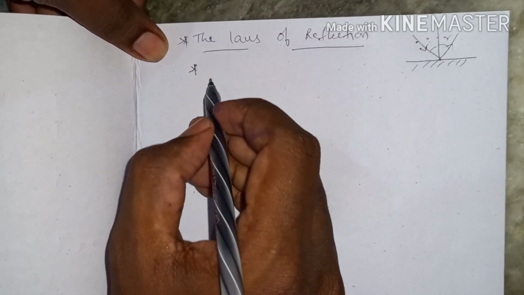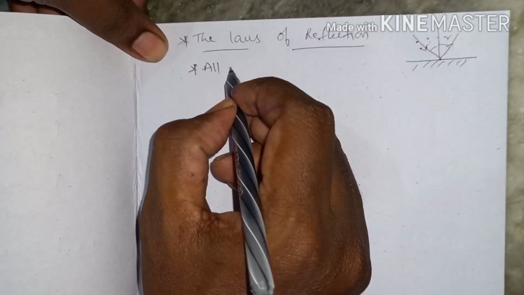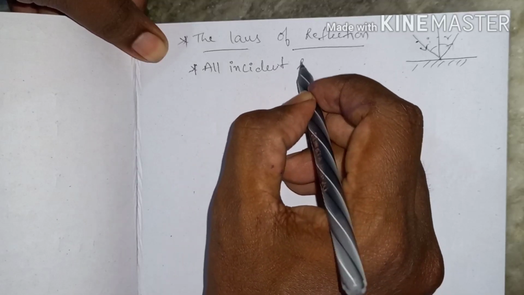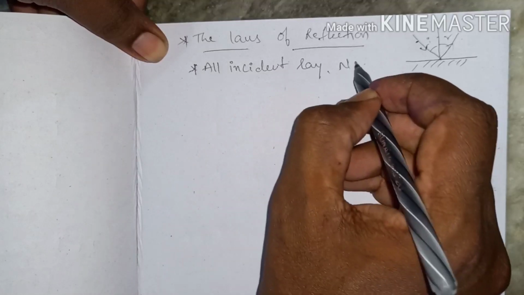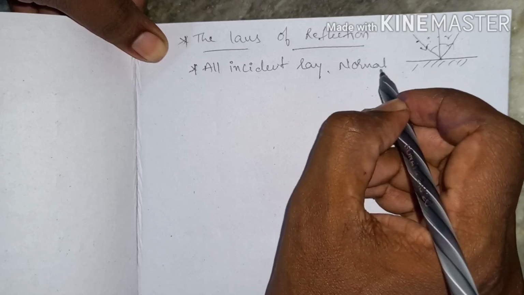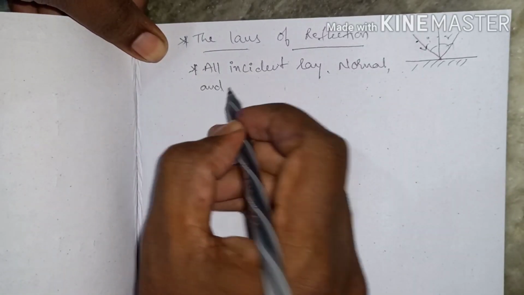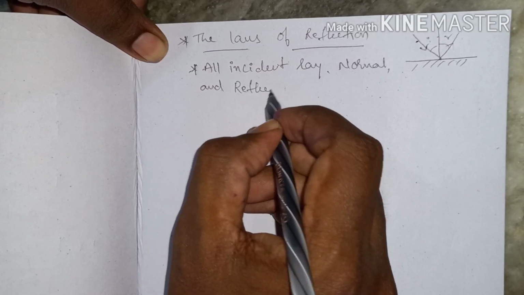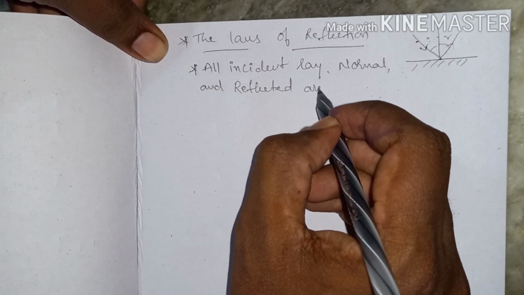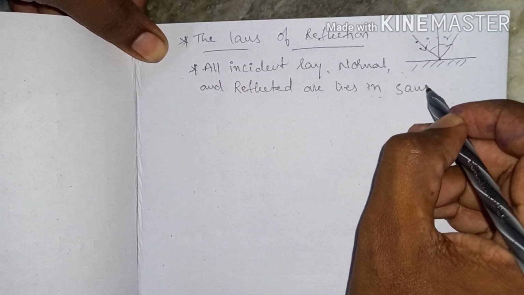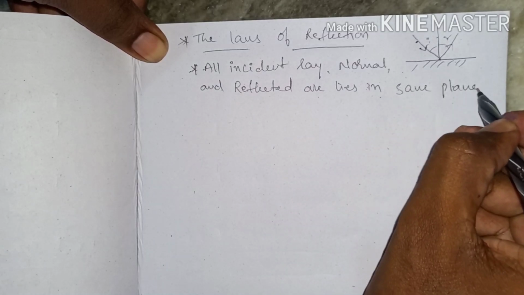So the first law is: the incident ray, normal, and reflected ray (don't call it normal ray, it is called normal) lie in the same plane.